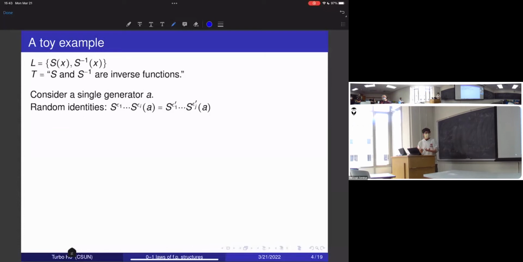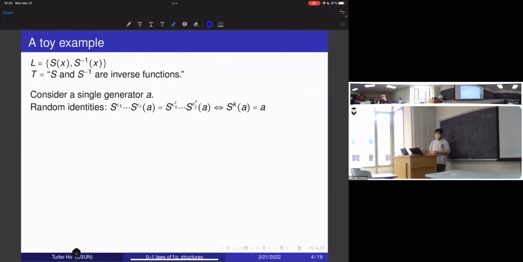Of course, the random terms correspond to random elements in the free structure. If I say they're equal, then, because S and S inverse are inverse functions, it's not very hard to cancel the positive and -1 exponents out and move all of them to one side.